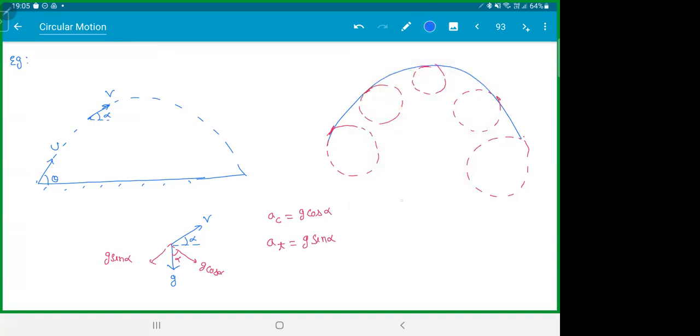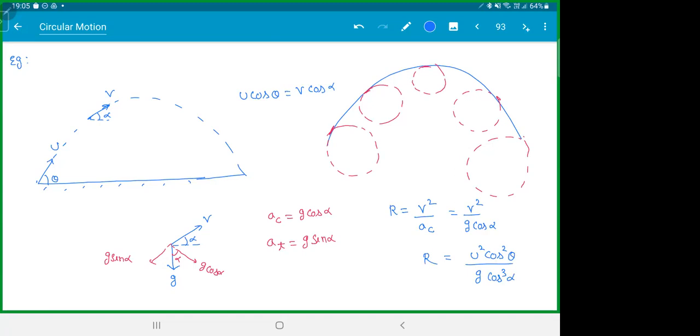So radius of curvature will be v square by a centripetal, which is v square by g cos alpha. And we also know during projectile motion, u cos theta is equal to v cos alpha. So this will become u square cos square theta by g cos cube alpha. This is the radius of curvature as a function of alpha.